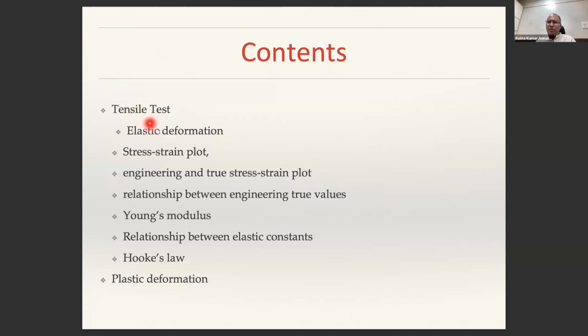I'm sure all of you would have gone through the uniaxial tension test in your undergrad course, but we will refresh, and then try to understand the stress strain curve from a uniaxial tension test in a little more detail. Then, looking at the stress strain curve, we will deduce some properties that can be obtained directly from it.